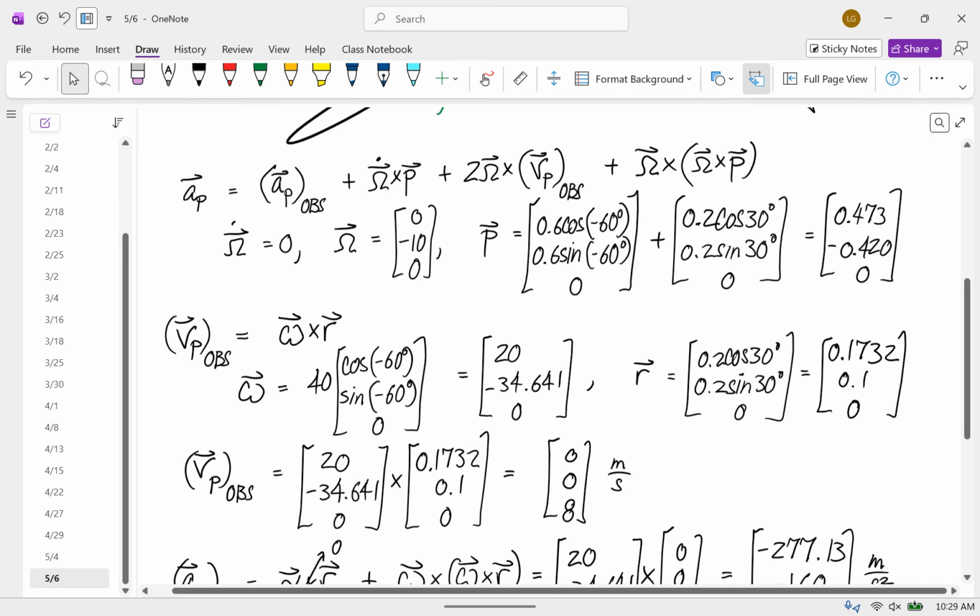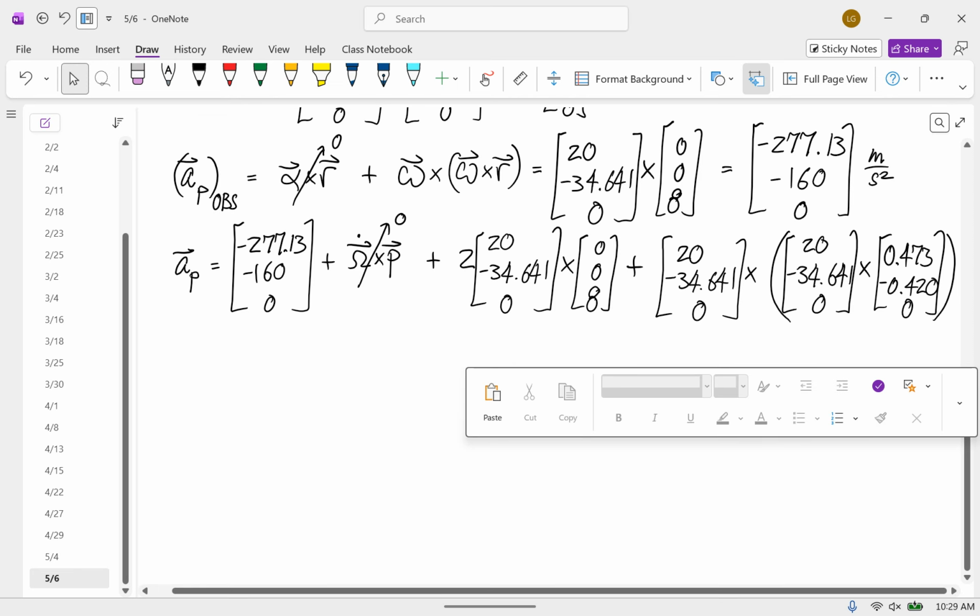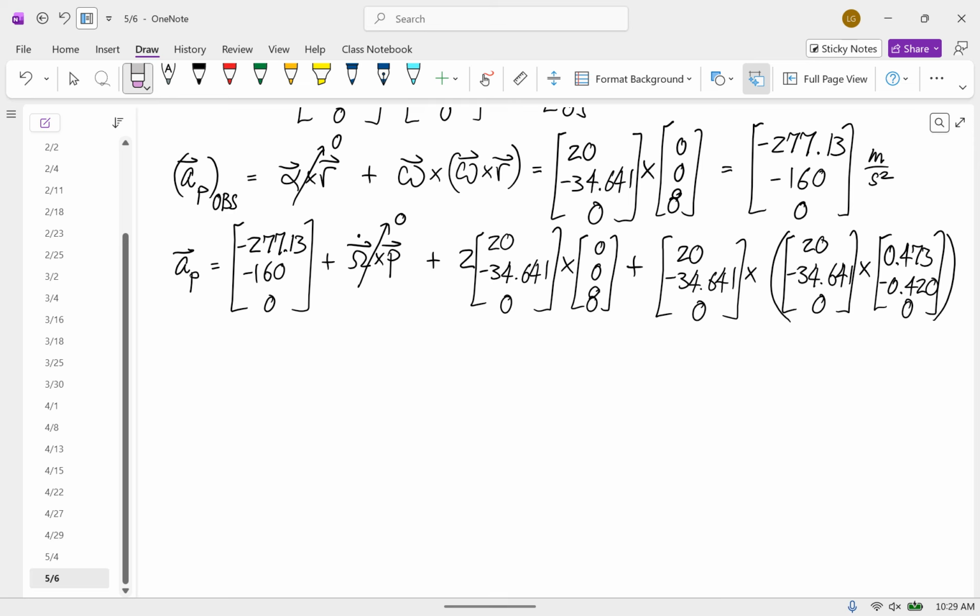Capital omega, yes, I read the wrong one. So let's see, where do we have it? We have one here, and here, and here.